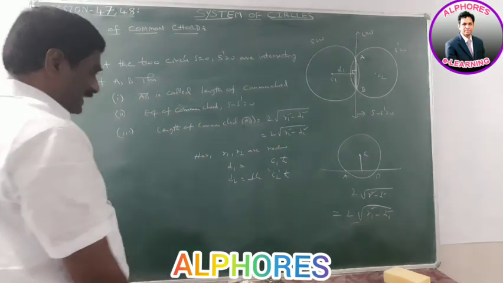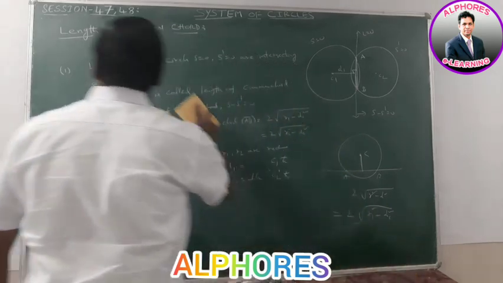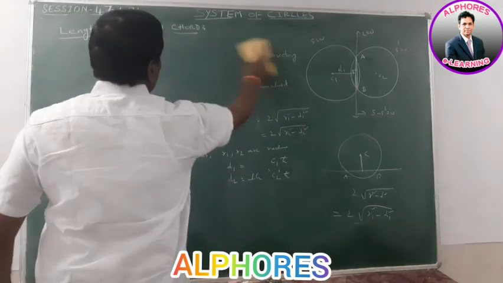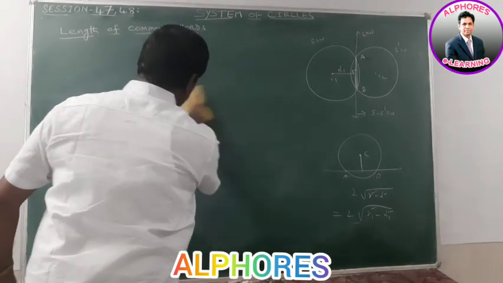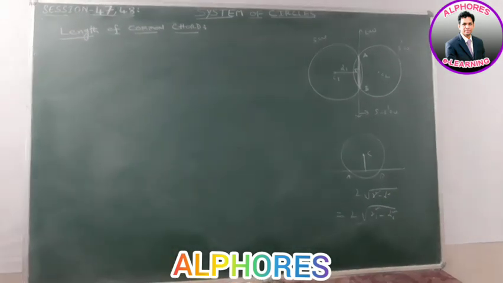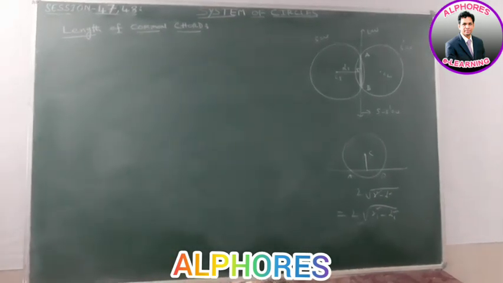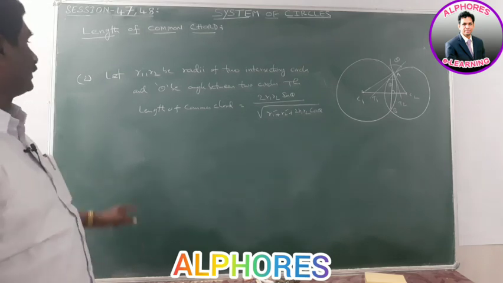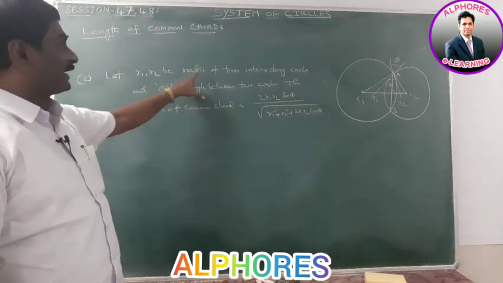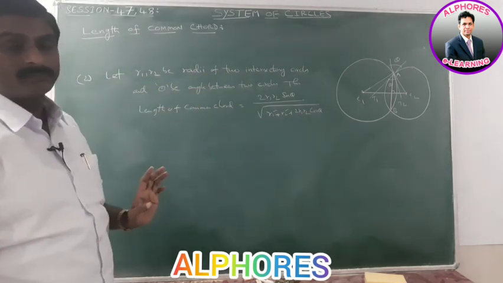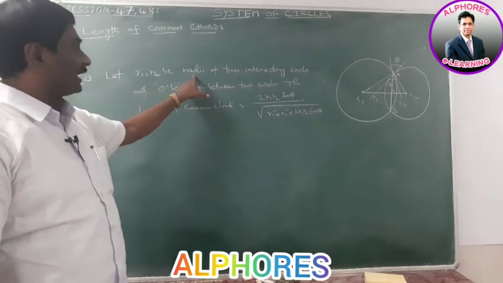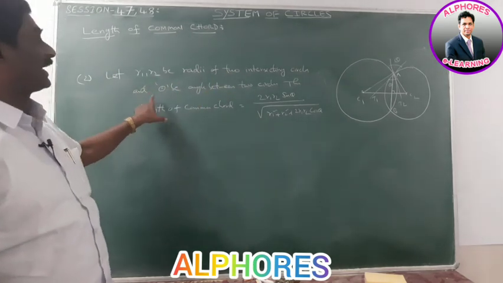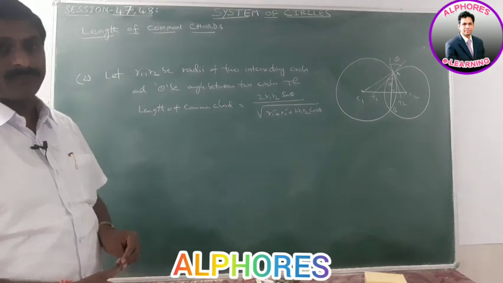Okay, next, second point. Let R1, R2 be the radii of the two intersecting circles and theta be the angle between the two circles.